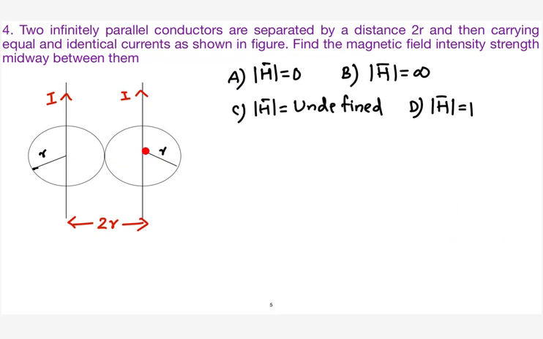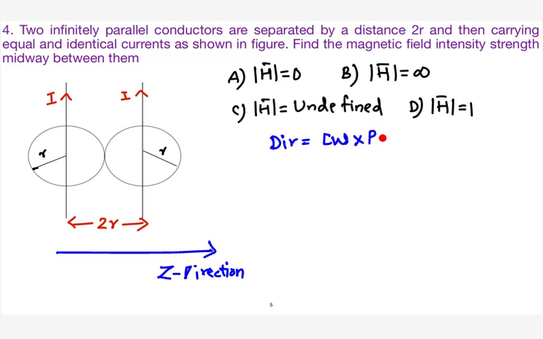Is it clear? Yeah. Otherwise, if you have doubt, I will tell you one more shortcut, so let us verify that also. Consider this is your Z direction. This shortcut is valid if you are placing the thumb in the direction of current, so we'll stick to the basic. What is the direction of magnetic field? Current into radial.